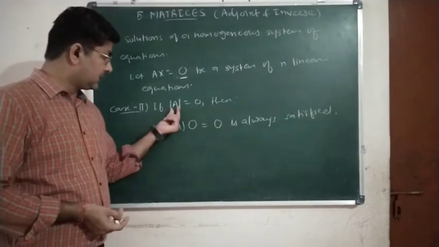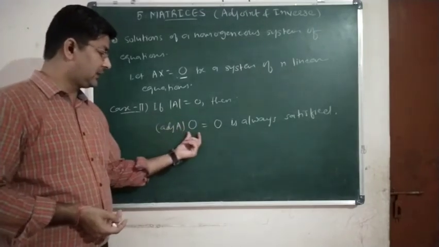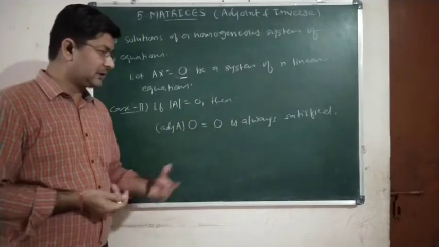So here also determinant of A is 0 and adjoint of A into O is equal to O, that is, a null matrix.